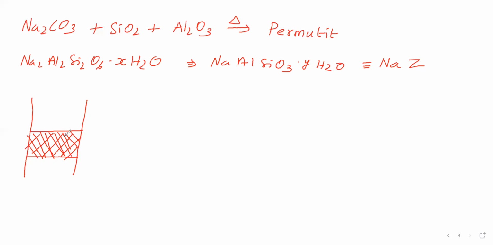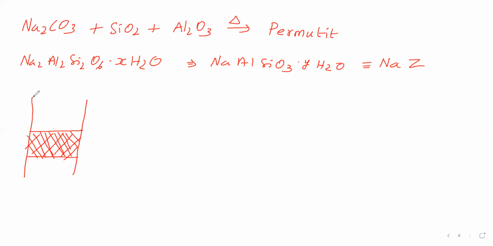Like when you boil rice and press it, how it appears, like that this permutit will appear. Small particles will be there. The permutit color will be rose red. This permutit will be packed here.